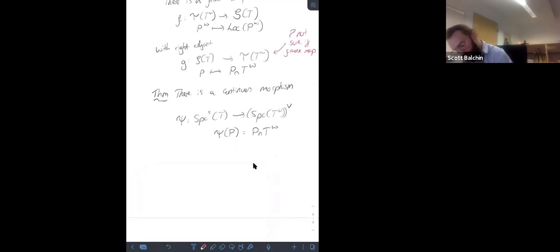Property 1: this interacts nicely with the native supports. If X is a compact object, then the pre-image of its Balmer support is its smashing support. Good.